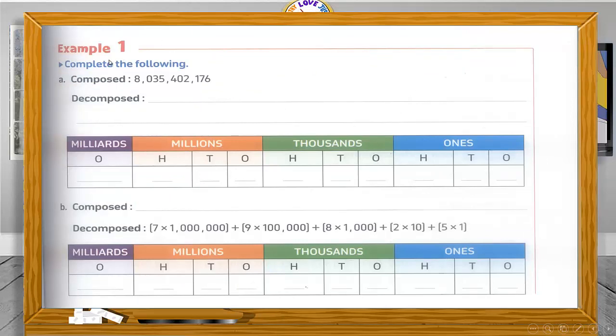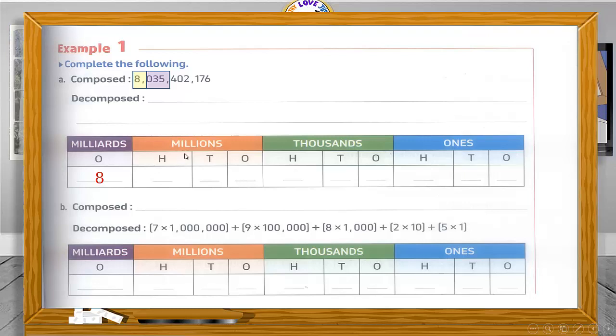We have here an example. Complete the following. It tells you here to decompose. We will start by writing all the digits inside the chart. In the first period we have 8 in the milliards place.